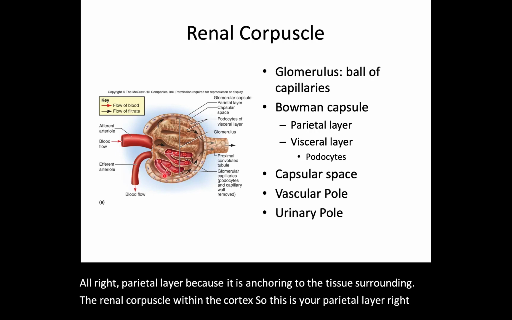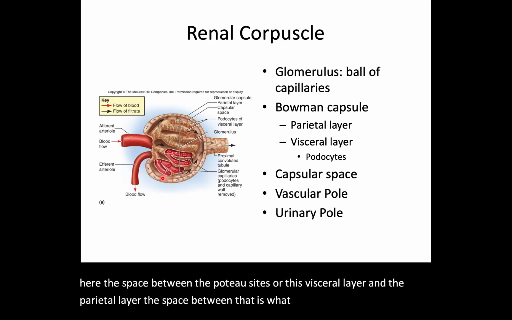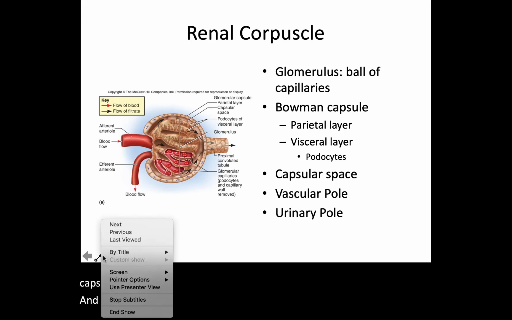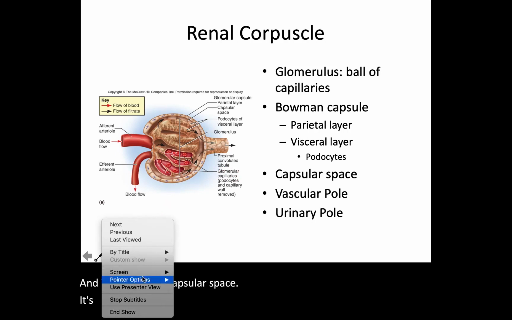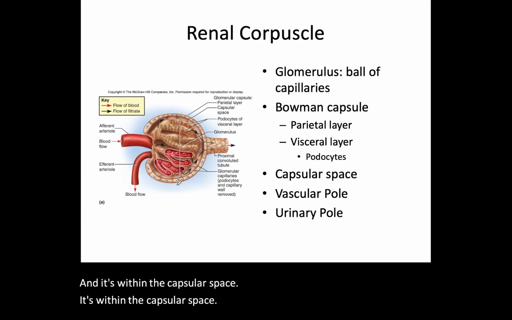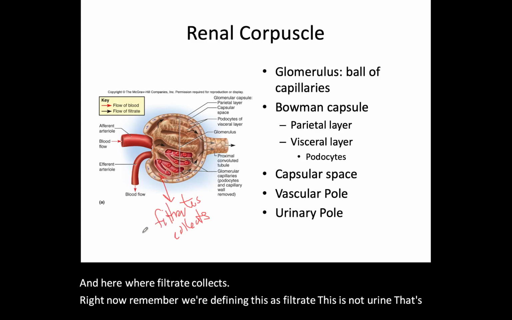The space between the podocytes, or visceral layer, and the parietal layer is what we define as the capsular space. And it's within the capsular space that filtrate collects. Now remember, we're defining this as filtrate. This is not urine coming directly out of the blood. This is filtrate.